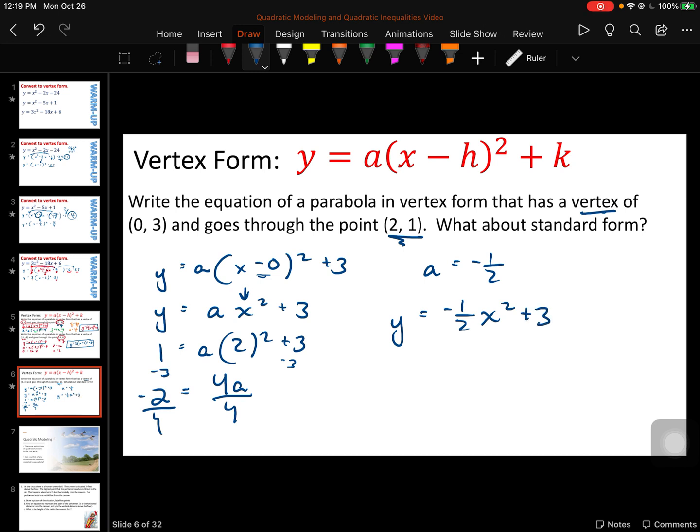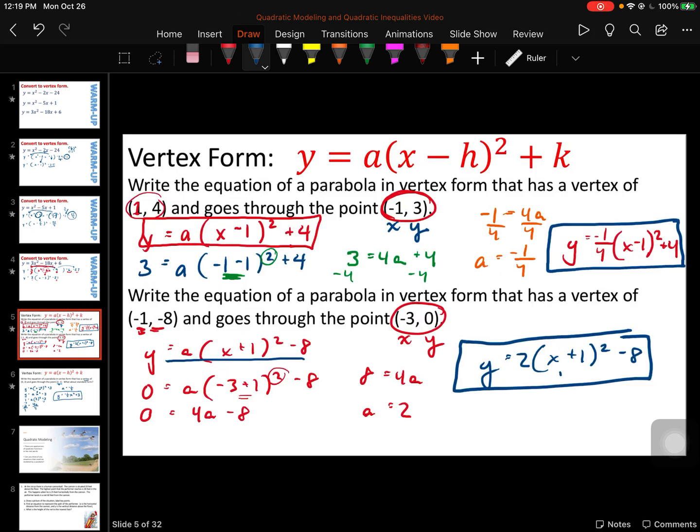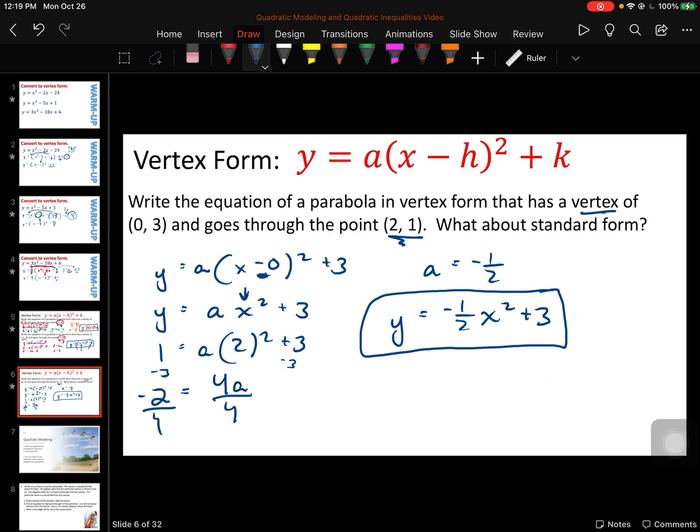And this one says to write it in standard form. Fortunately for us, this one is already in standard form. If it wasn't like that and my x minus 0 was not there, then you might have to, like for this one, we would have to FOIL out the x plus 1, then distribute in that 2, and then subtract 8. However, we're not going to worry about that right now. That should not come up anytime soon.